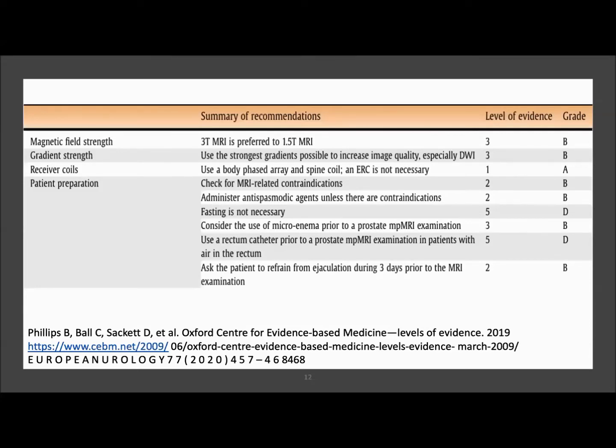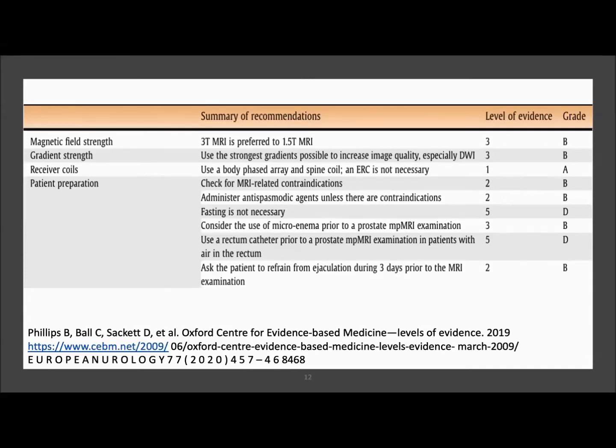After checking on that, we can administer antispasmodic agents, which has been proposed in the literature. But if it is contraindicated, then we can go ahead with the examination without administering any antispasmodic. These may include hyoscine, or Buscopan, or glucagon. This is basically used to reduce motility of the bowel loops and reduce motion artifact.